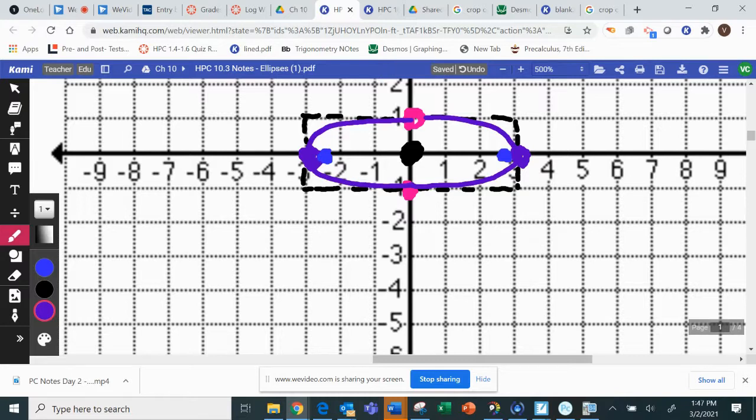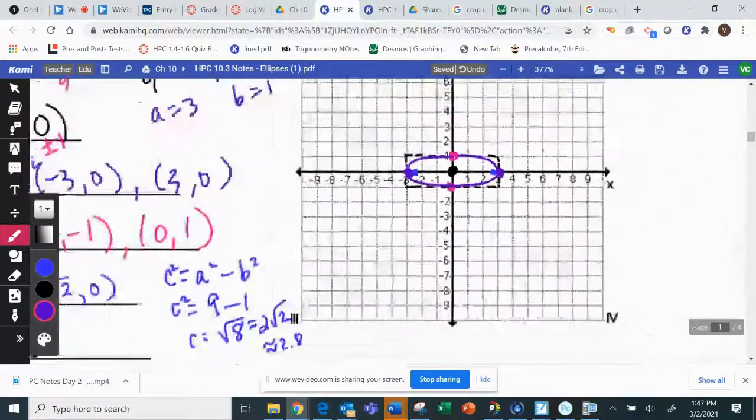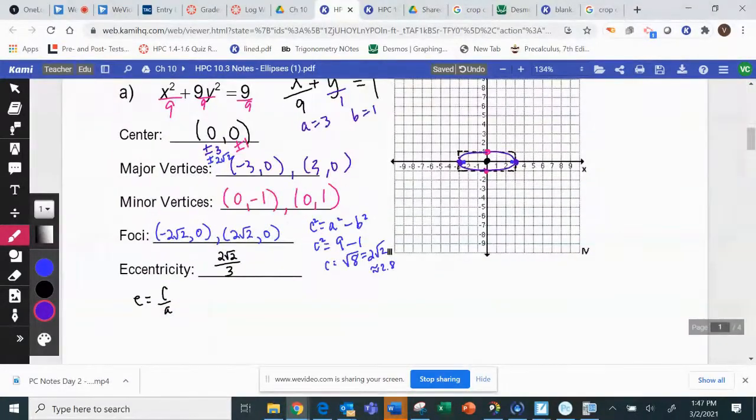Okay. And that's it. Not too bad. Yeah, not too bad. Okay.